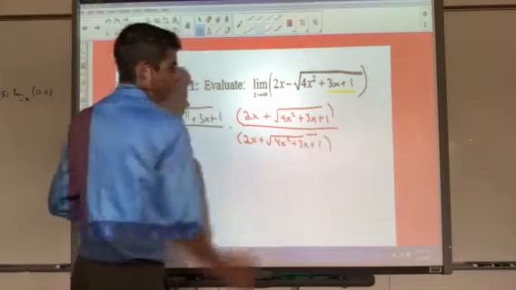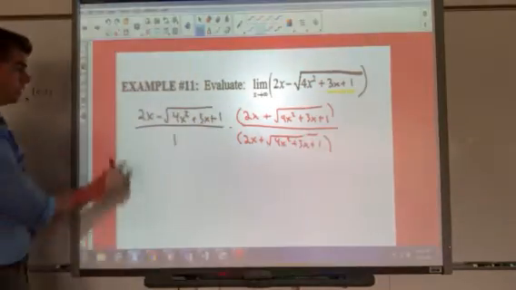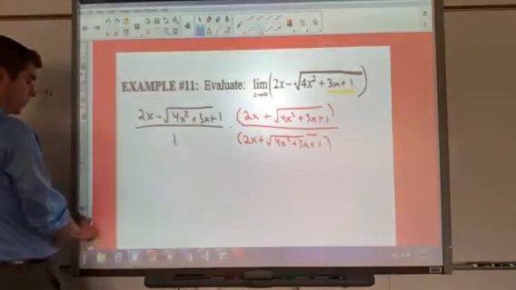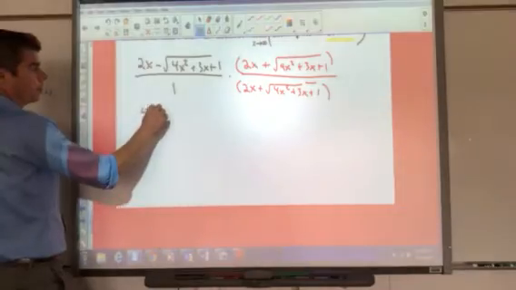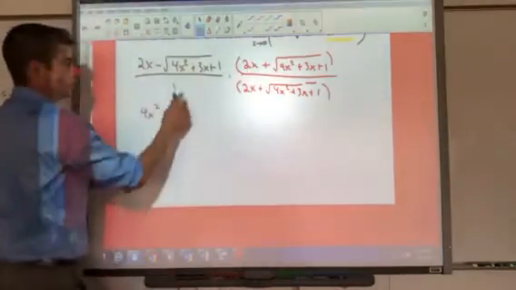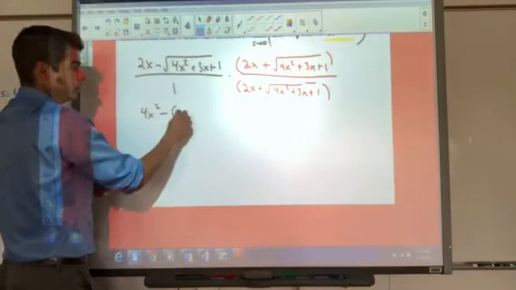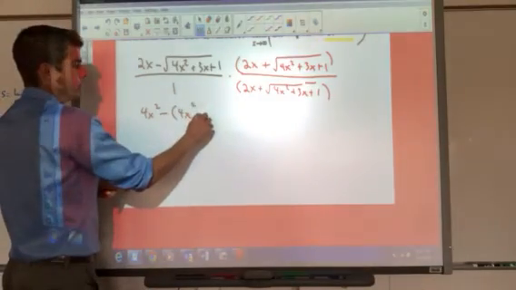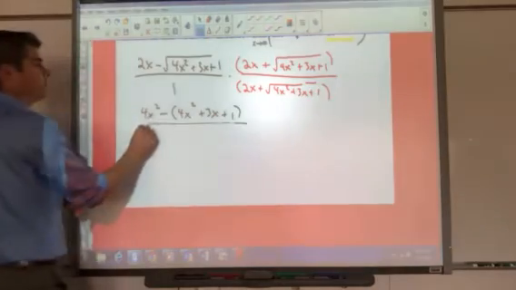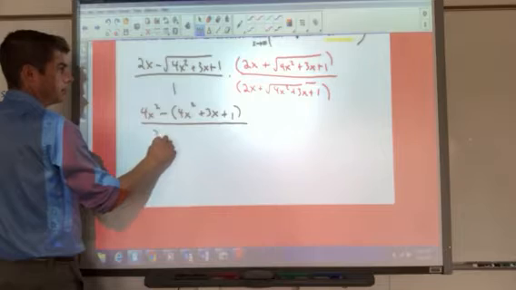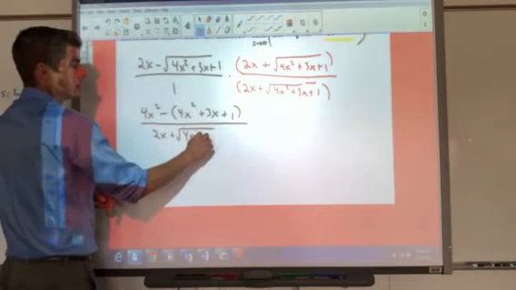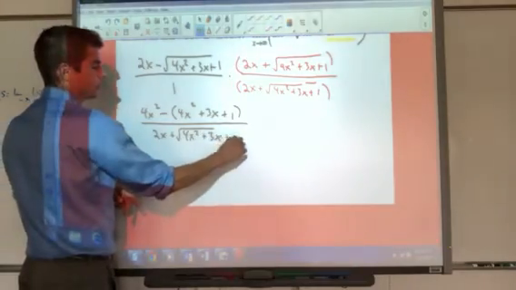Okay, excellent. Now, when we distribute this, the 2x times 2x will give 4x squared minus, well, the outers and inners cancel, minus the square root squared, which will just give us 4x squared plus 3x plus 1, all divided by this denominator, 2x plus the square root of 4x squared plus 3x plus 1.